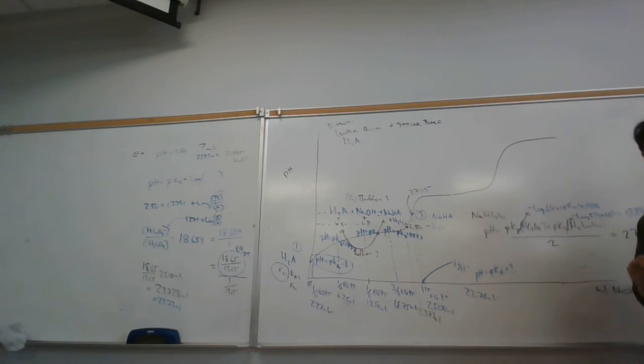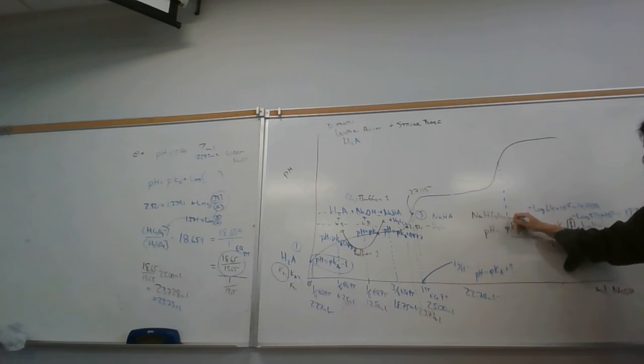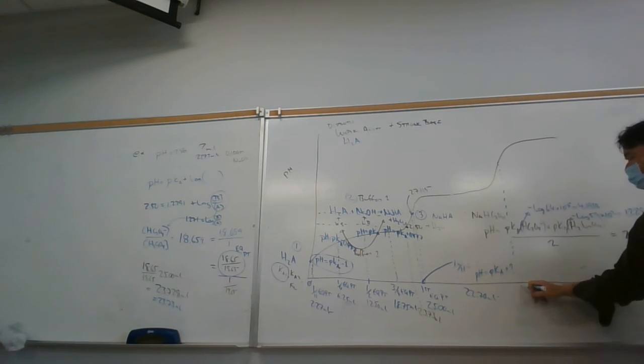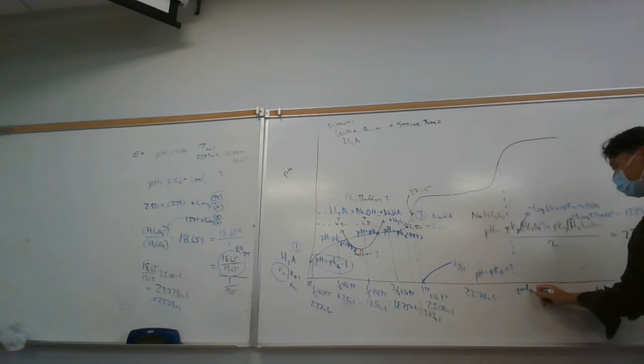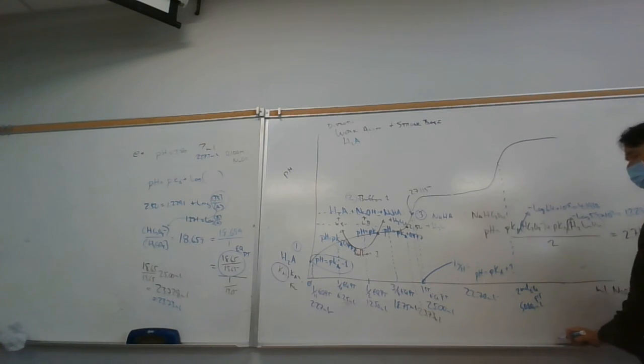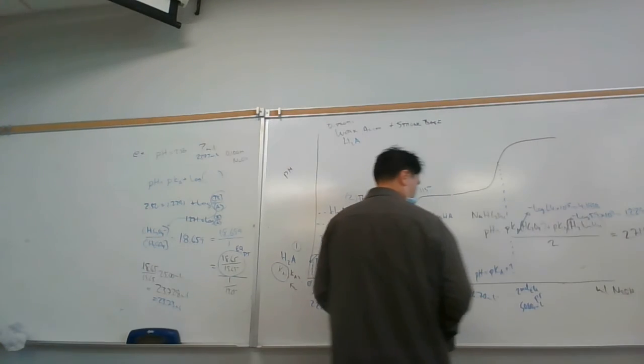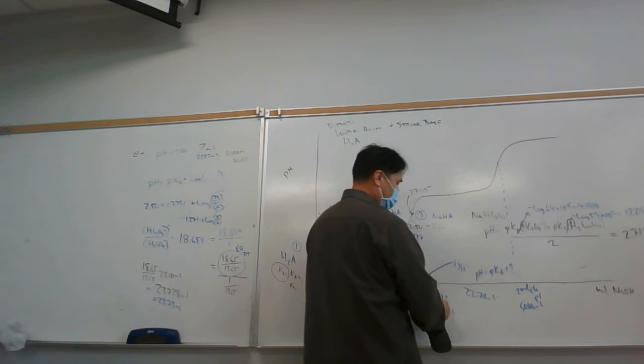How many milliliters of base will we have at the second equivalence point? 50. Okay, that's correct. So when we hit the second equivalence point, we'll be at 50.00 milliliters. And so between 25 and 50 milliliters.